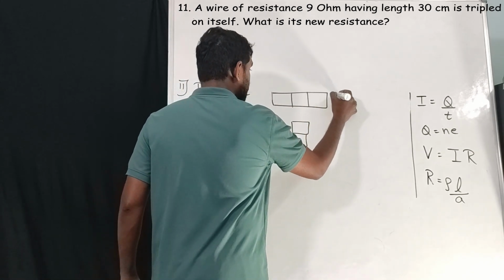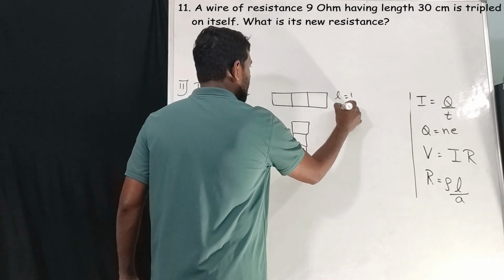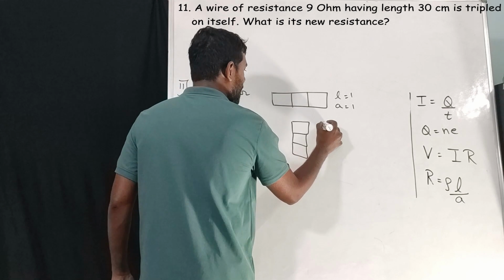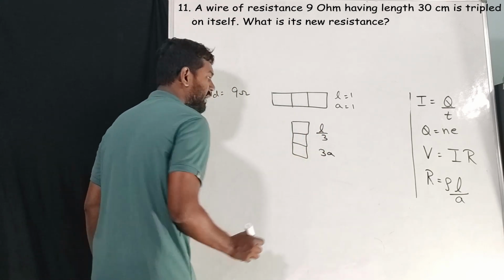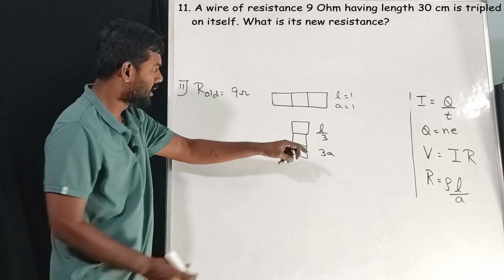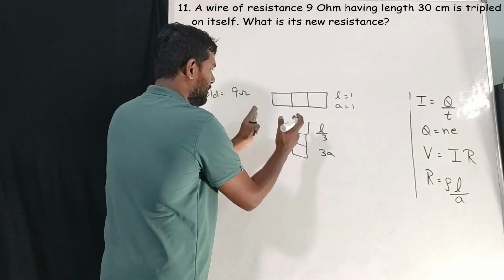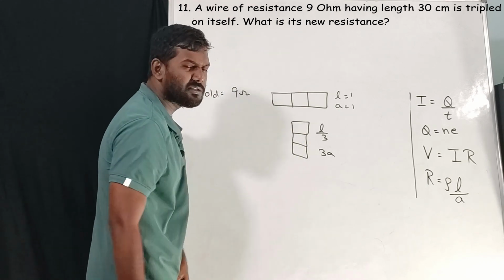So here assume L as 1, always 1, and area as 1. Now L has become reduced 3 times, area is increased 3 times, correct? See, the length decreased 3 times, and this is the area, right? Area is increased 3 times.